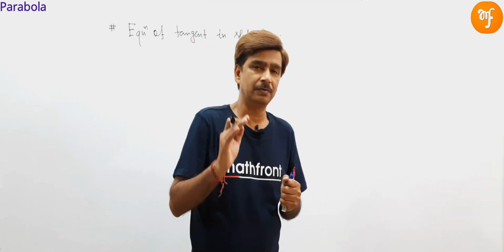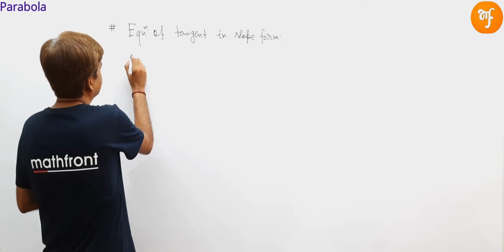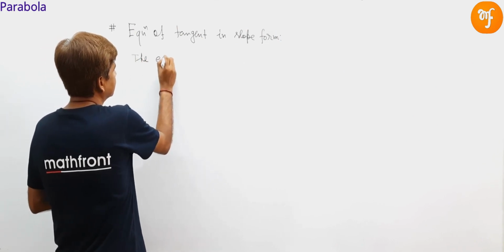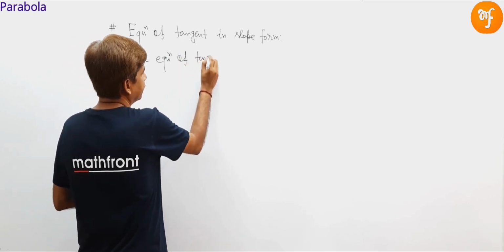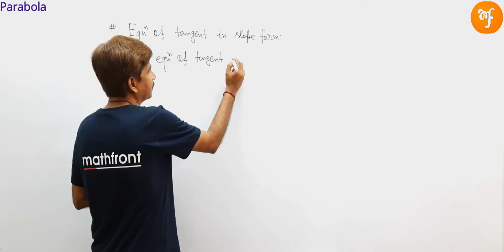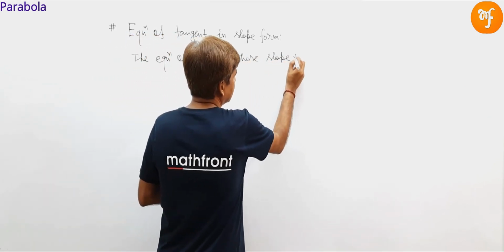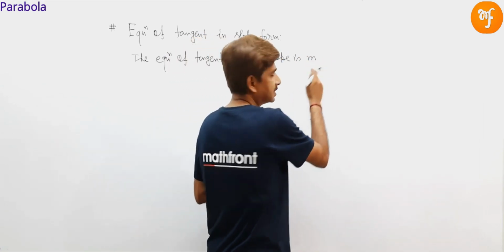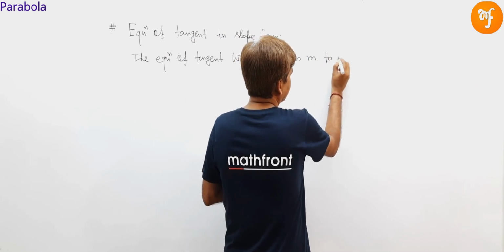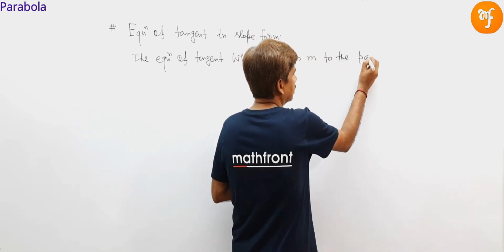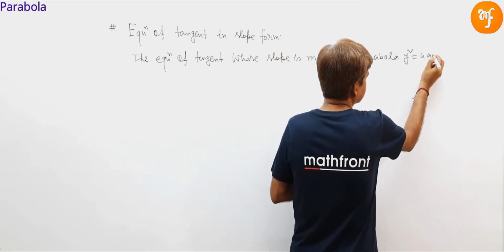Now write the things, that is the equation of tangent whose slope is m, that is tangent has slope m, to the parabola y square is equal to 4ax.